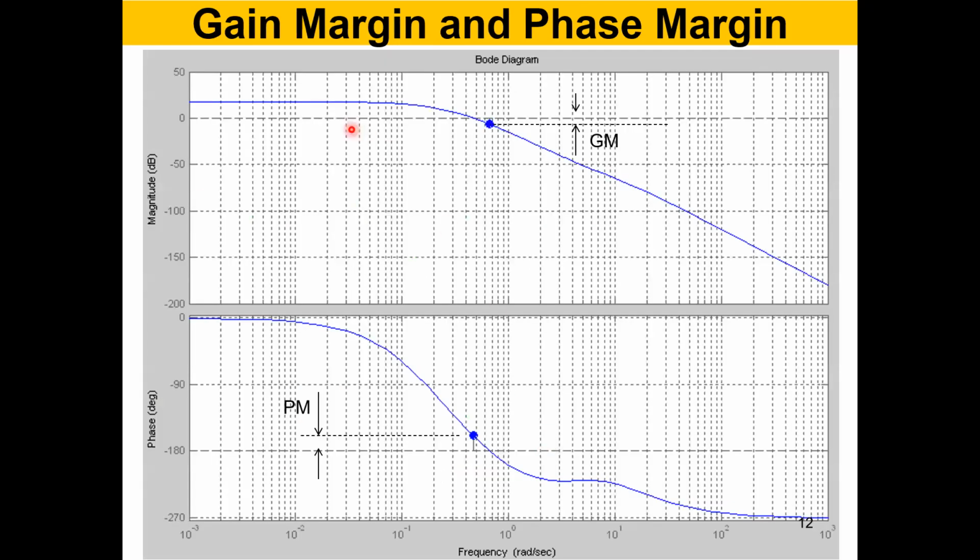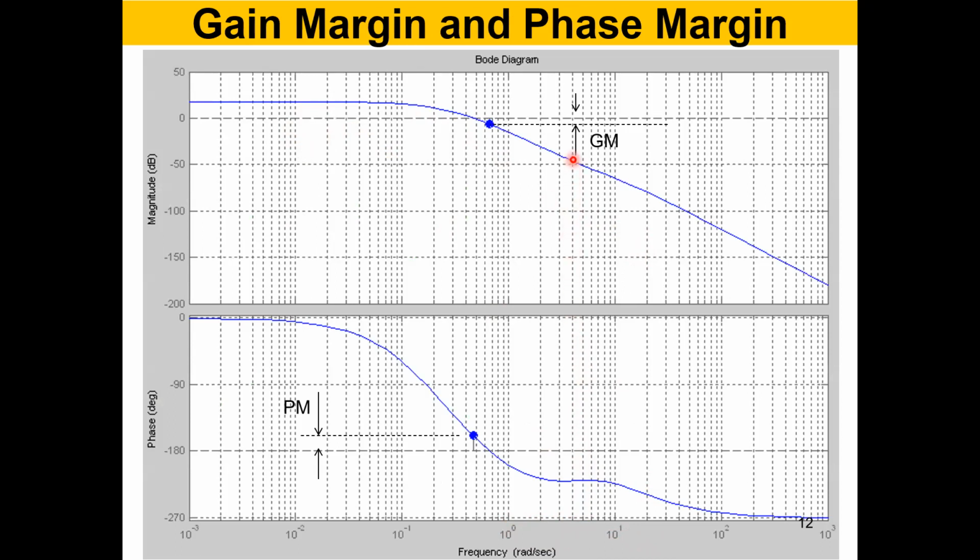And if I go to the plot, 5 radians per second, this is 10 to the 1, this is 10 to the 0. This is 1 radians per second. This is 2 radians per second, 3, 4, 5. This is 5 radians per second. So at this frequency, what is the gain?